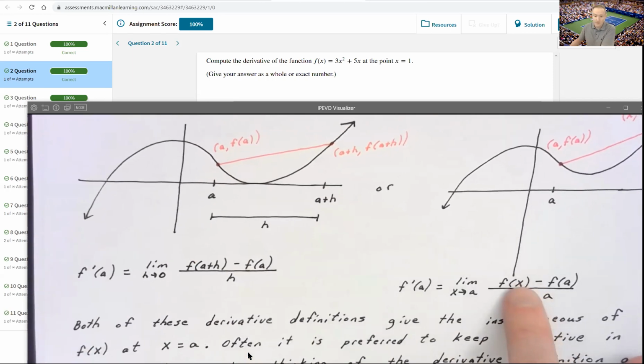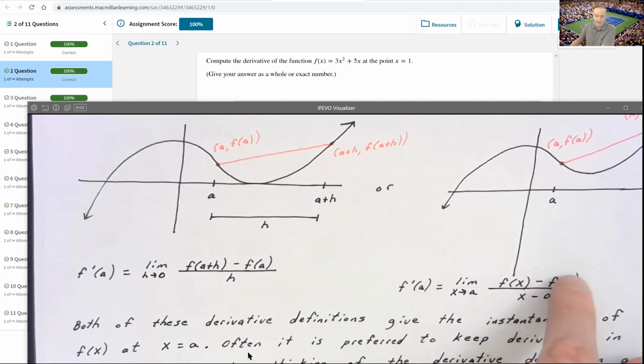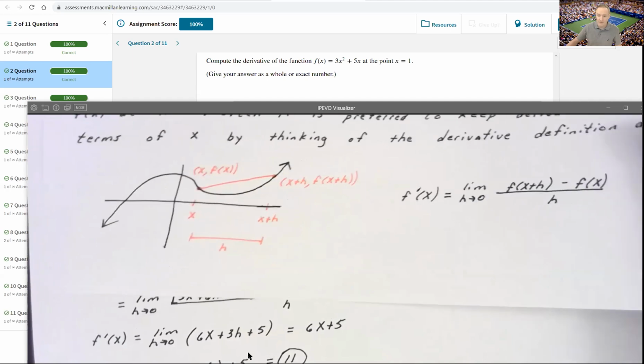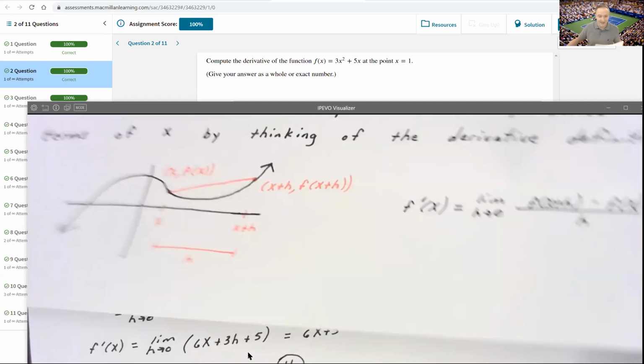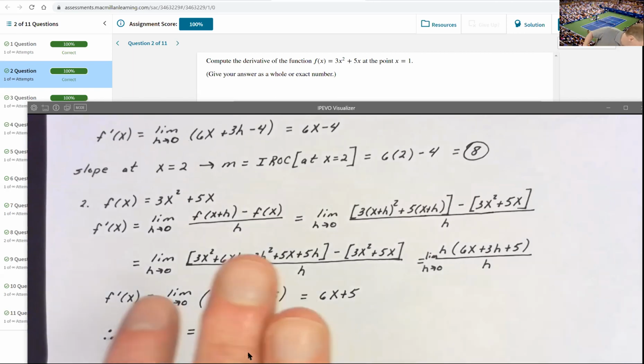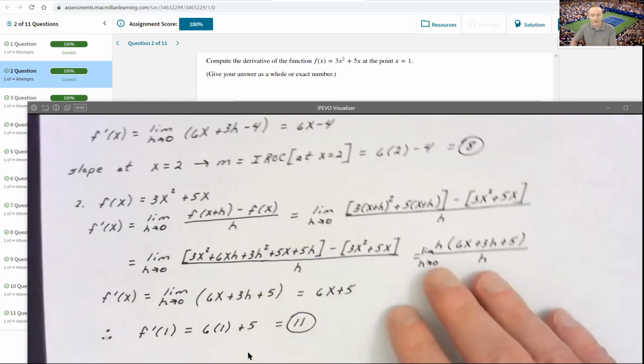You could also use f prime of a is equal to the limit as x approaches a of f of x minus f of a over x minus a. All three of these limit definitions of the derivative do the exact same thing. This one just leaves my answer in terms of x, so I chose it in this case.